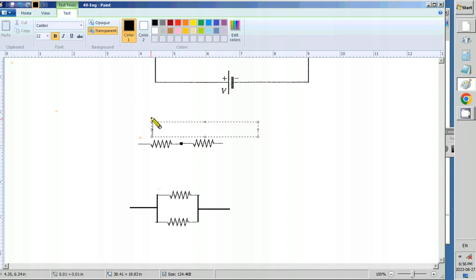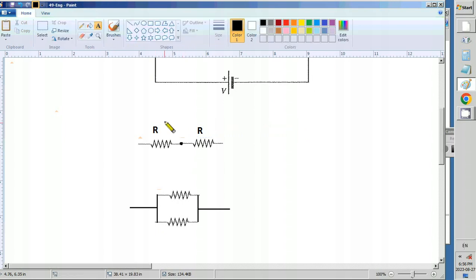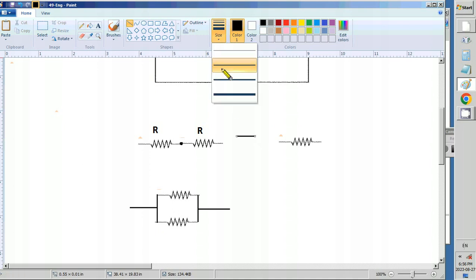Say the value of this one is R and the value of this one is also R. The final, resultant, equivalent resistance, that means we can replace those two with a single resistor.